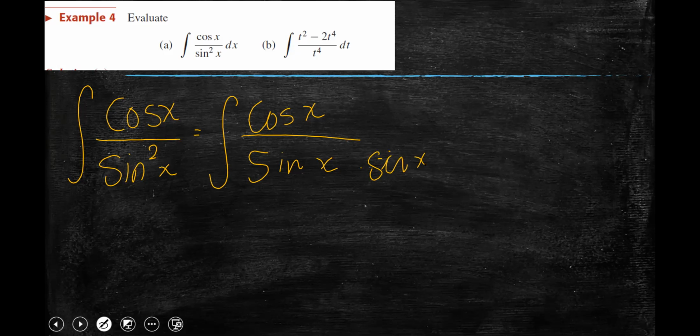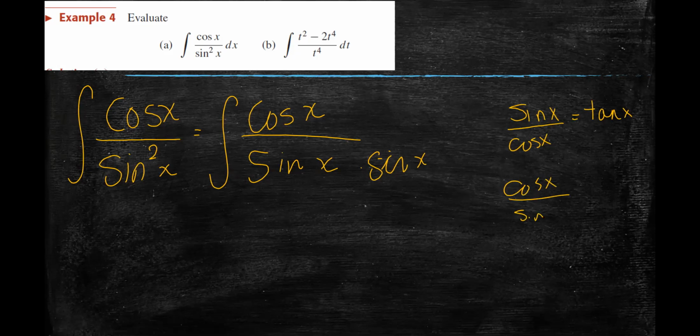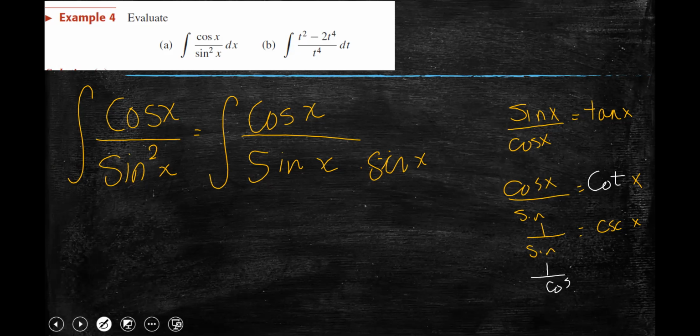Then, as we talked about in Algebra 2 in grade 10, we know that sine x over cosine is tan, and cosine over sine is cotan. 1 over sine is cosecant. And 1 over cosine is secant. This is as we talked before in Algebra 2.